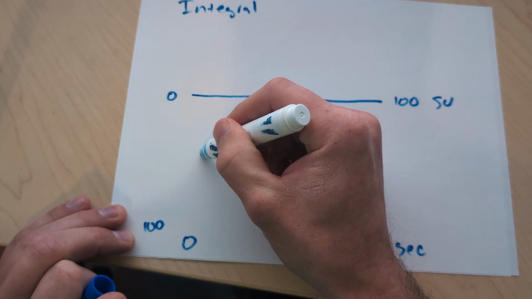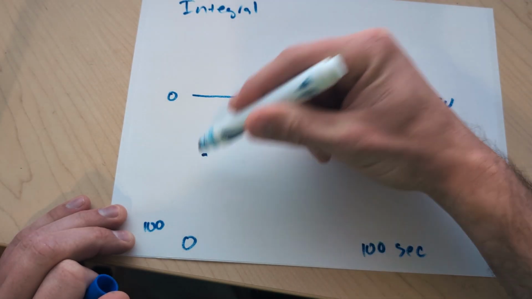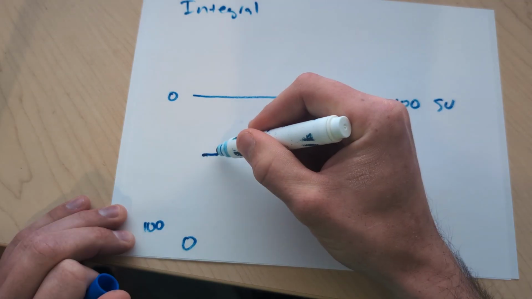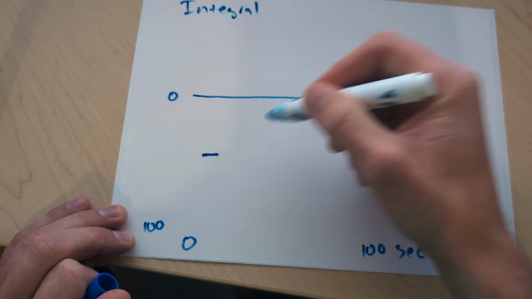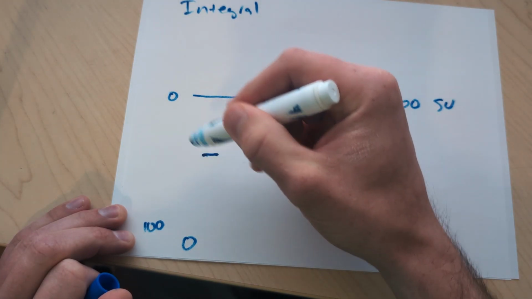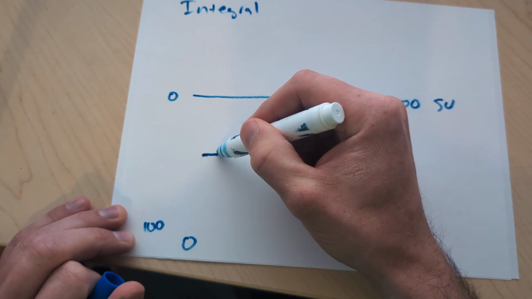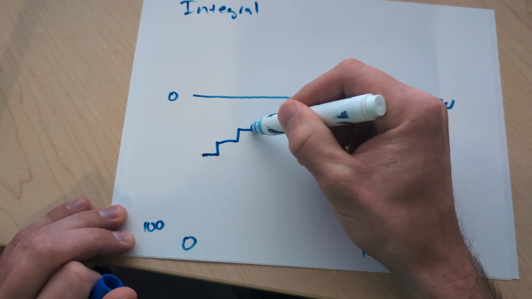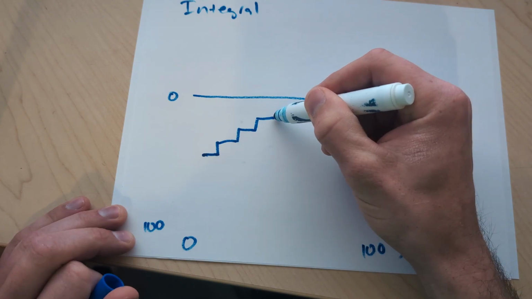Let's say we're here at 40 degrees away, and as time goes on, every second it's going to add 10% of power. So 1 second, 2 seconds, 3 seconds, whatever.